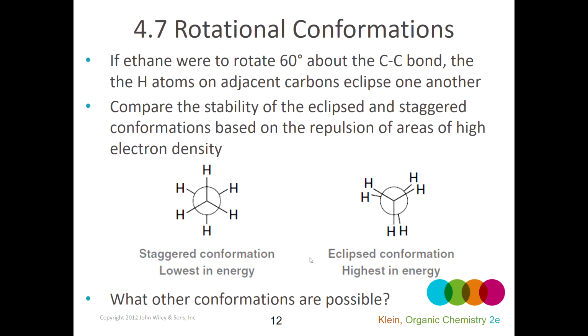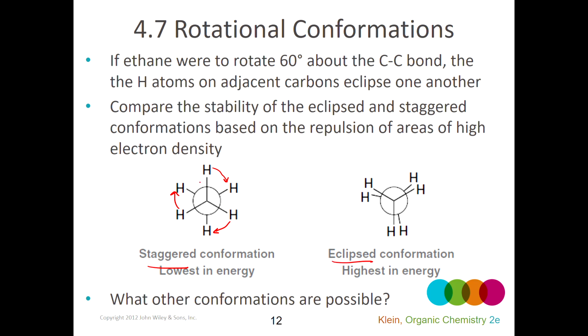So as we said, if we hold the back carbon still and rotate the front carbon 60 degrees, all these hydrogens on the front carbon will line up with the hydrogens on the back carbon, and that's how we go from a staggered to an eclipsed conformation.